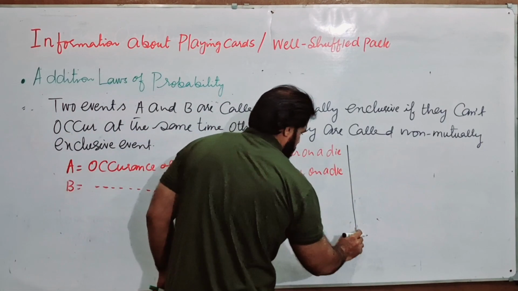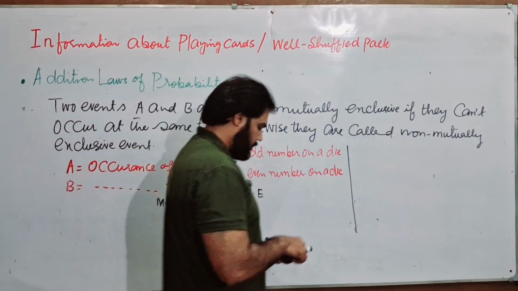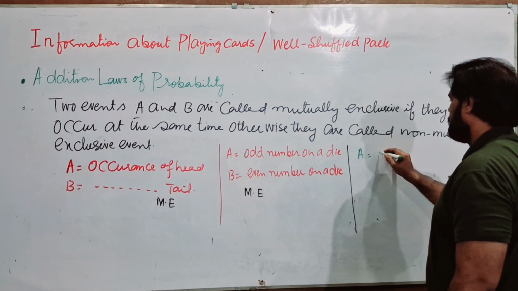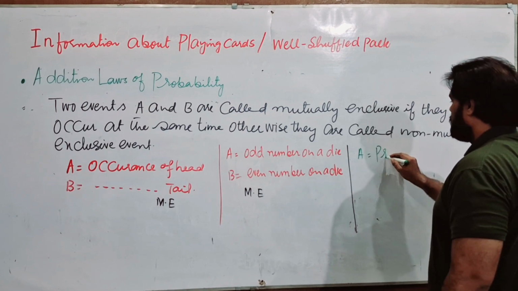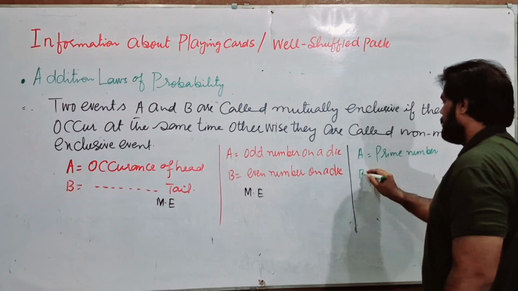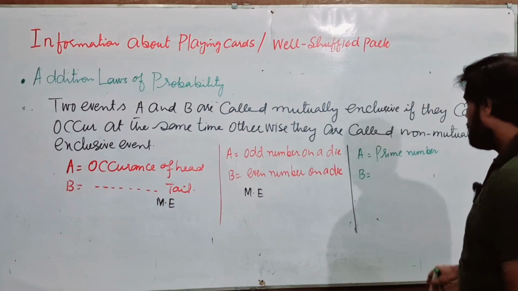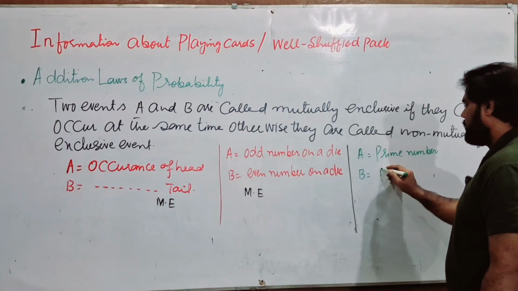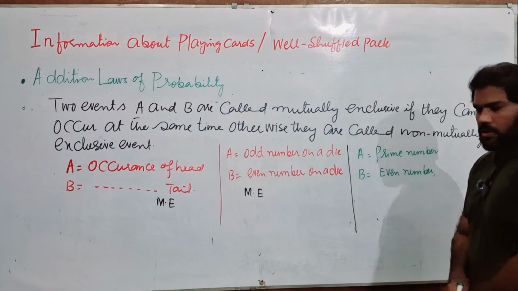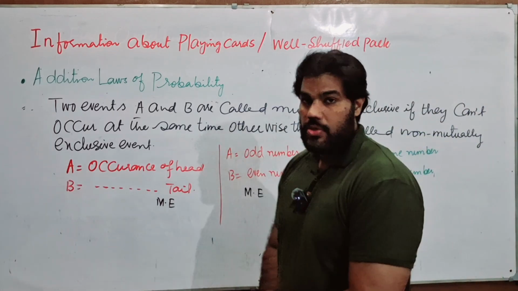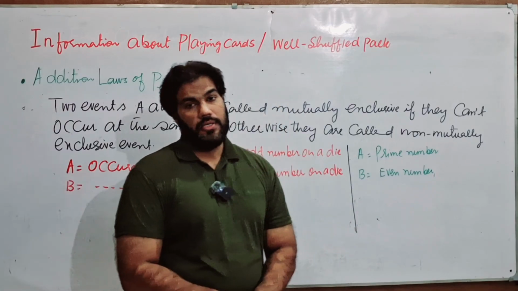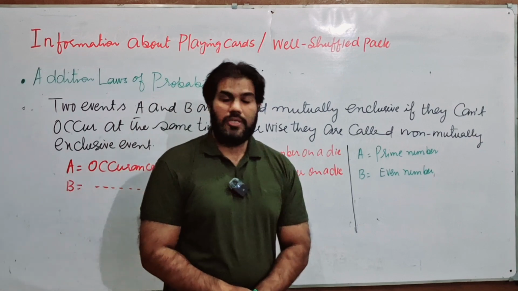Suppose I take a third example. Let A show the occurrence of a prime number on a single throw of a die, and B shows an even number. Now A and B are non-mutually exclusive events because it is possible that when you throw a single die, both of the events occur at the same time.